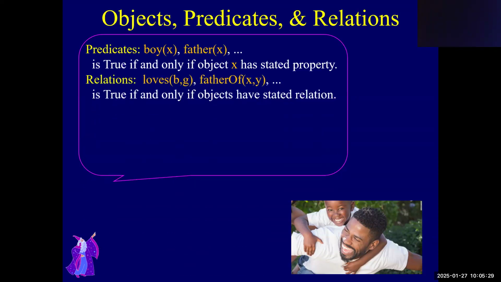Then we can have other sorts of things. We can call it a relation when it has two objects or maybe more, because it's telling you the relationship between them, right? If I talk about boy B loves girl G, then this relationship is true.